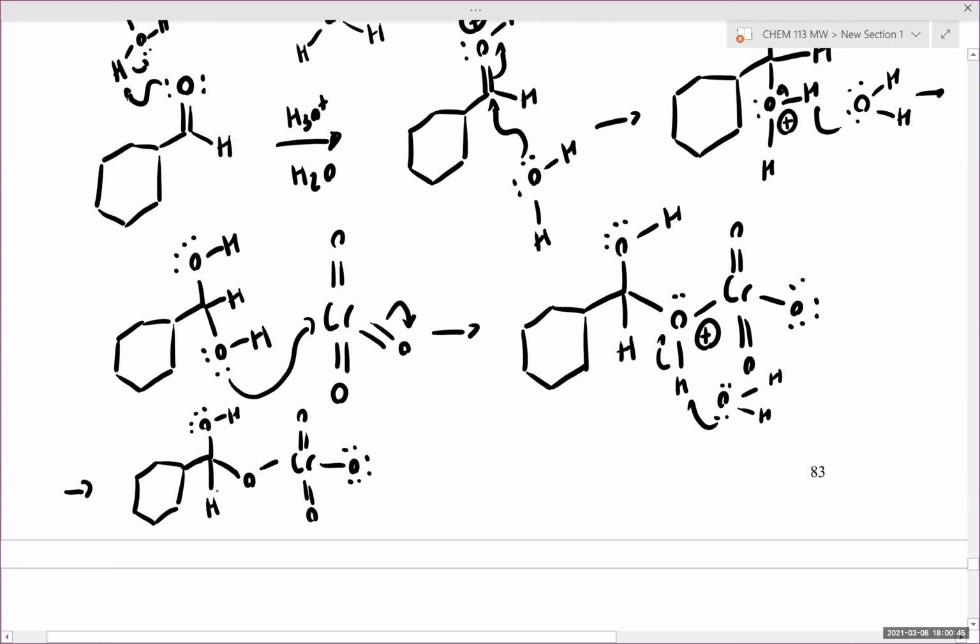So we're dealing with a chromium trioxide oxidation. What removes our hydride equivalent? What is going to pull off an equivalent of hydride in this case? How are we going to oxidize this substrate up to the carboxylic acid?